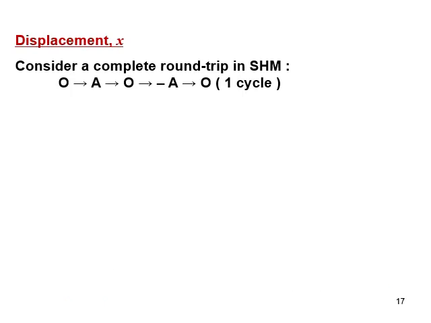Displacement x. From the projection of the circular motion, we relate the sinusoidal curve by considering a complete round trip in SHM. The complete round trip in SHM is measured from the starting point and also ends up at the starting point.